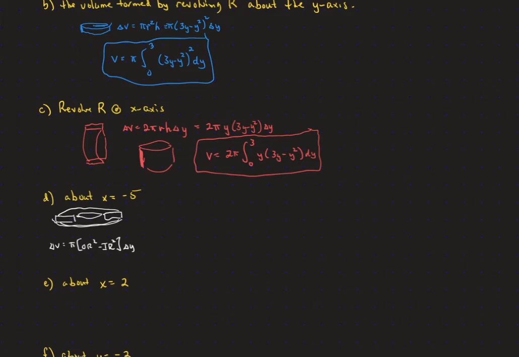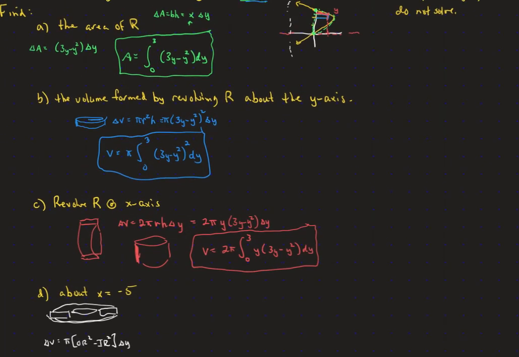So our outside radius goes from the axis of revolution out to the outer edge of that solid. That's a horizontal distance, so we're going to go right minus left. So this point right here is going to be the x-coordinate of that point on the curve minus that vertical line, which was at negative 5.